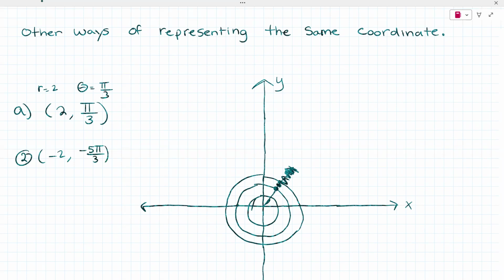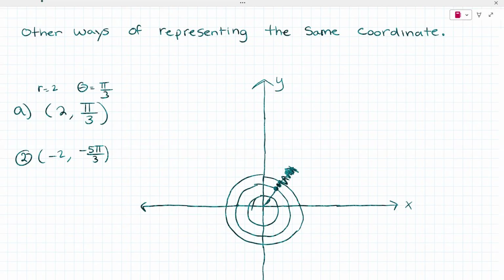Okay, so what is -5 pi over 3? I know it's related to pi over 3. So -5 pi over 3 is -300. So what that means is, would you be in the same position as here?